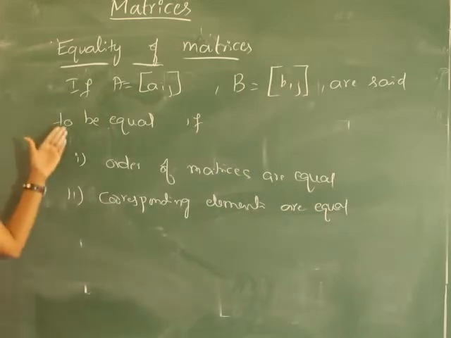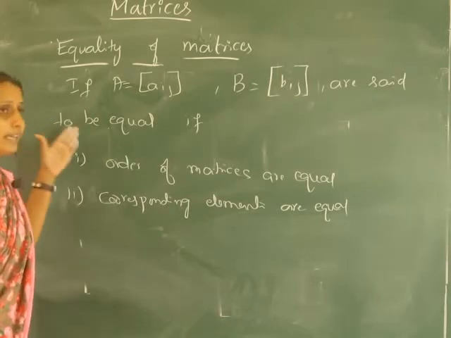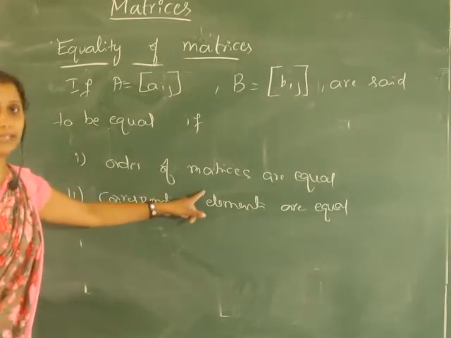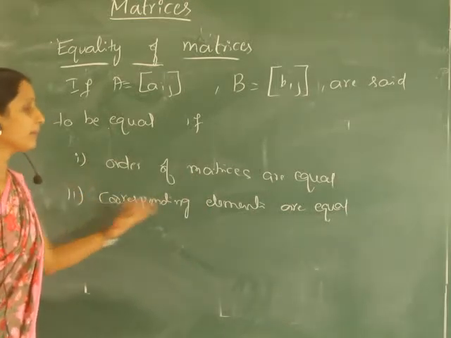So if there are two matrices, they are said to be equal if they have equal order and the corresponding elements are equal.